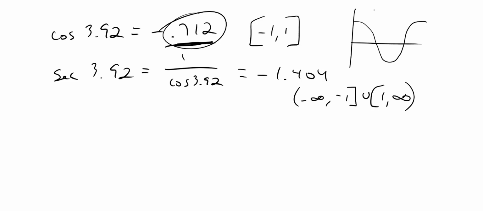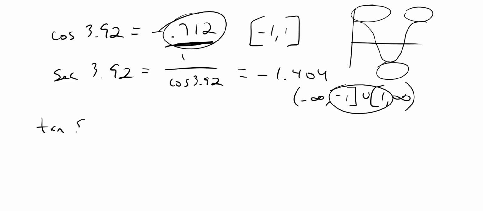We'll learn more about the graphing, but it's going to be out here. It's not between negative 1 and 1. It's less than negative 1 and greater than positive 1. We'll talk about that in chapter 4, the graphing chapter. It'll be very exciting.